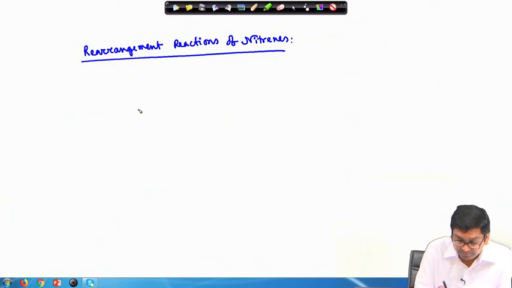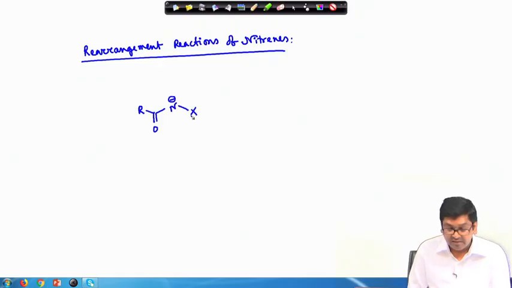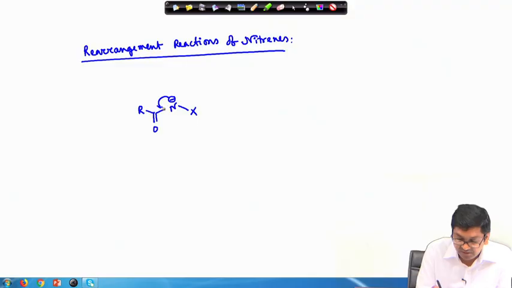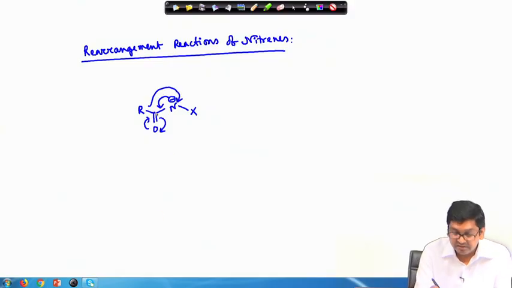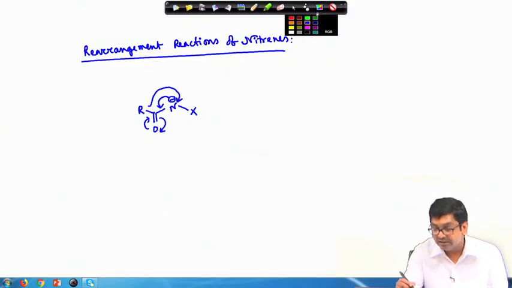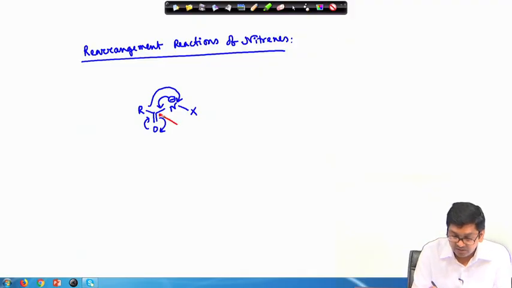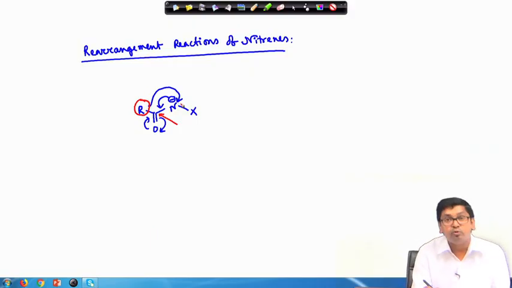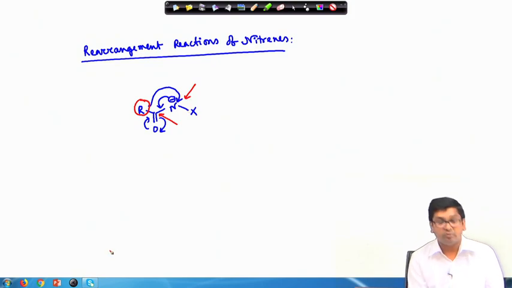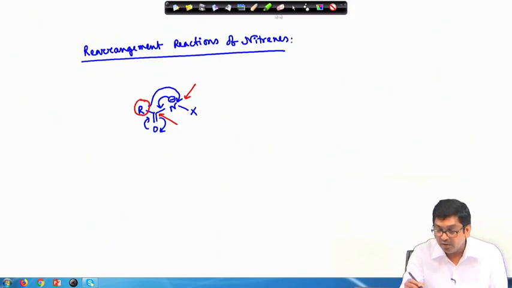If we see the rearrangement in general, it will happen in this way: this is the 1,2-migration. This is the adjacent carbon, and the associated group or atom will be migrated to the electron deficient nitrogen center over here. And overall, what will it give?